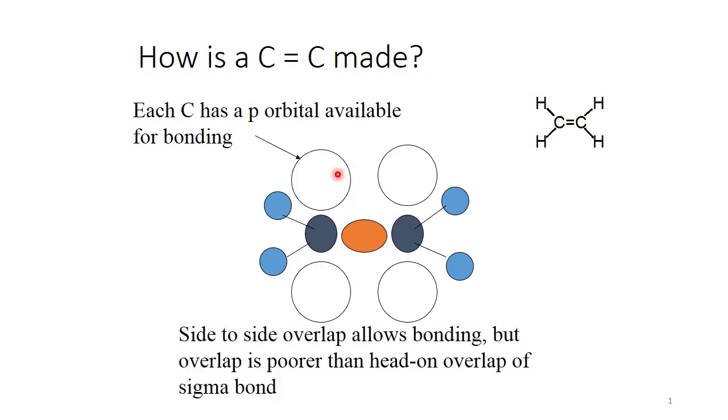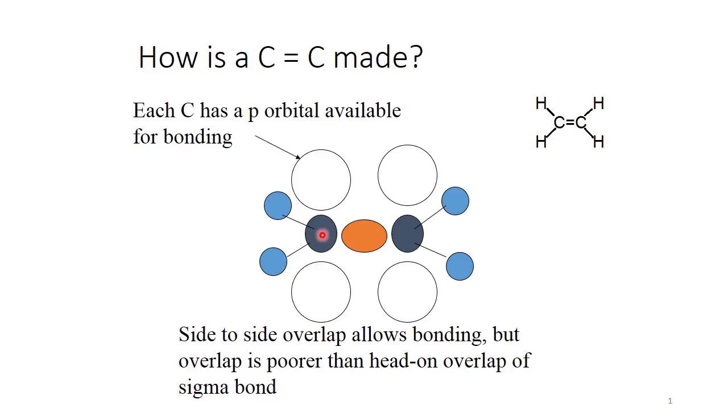And when you have overlap like that, it is nowhere near as effective at overlapping orbitals as head-on overlap. So the overlap is poorer, and what you have resulting from p to p orbital overlap is overlap that's above and below the nuclei.